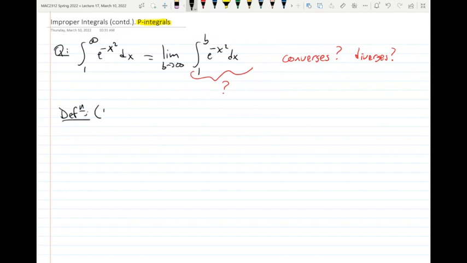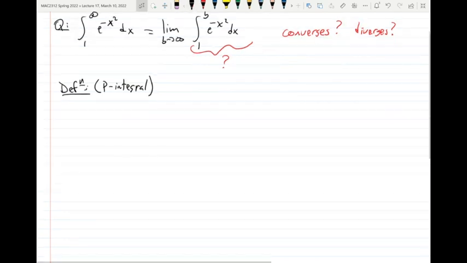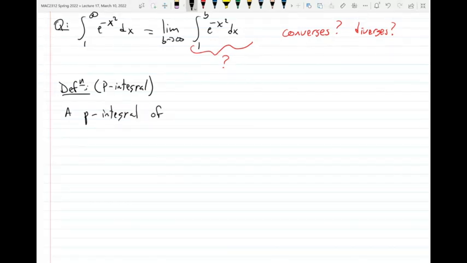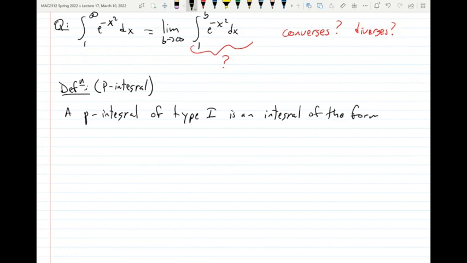Definition of a p integral. The p integral of type 1 is an integral of the form: the integral from a to infinity of 1 over x to the p dx.